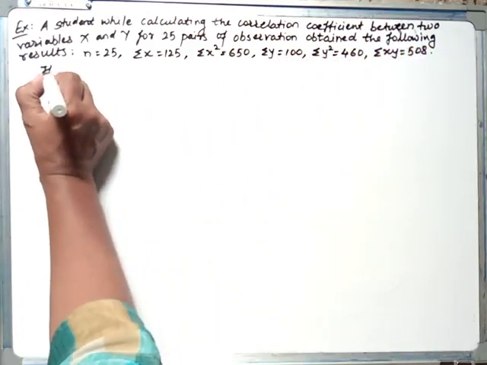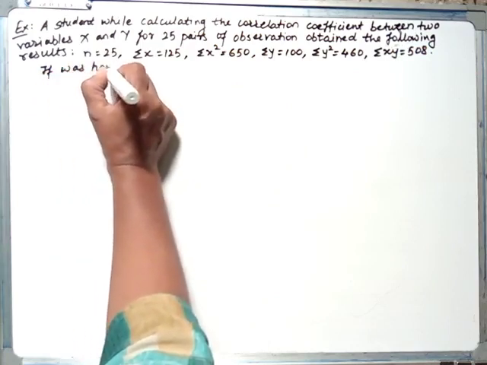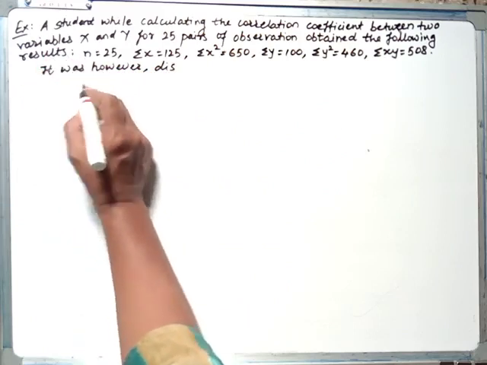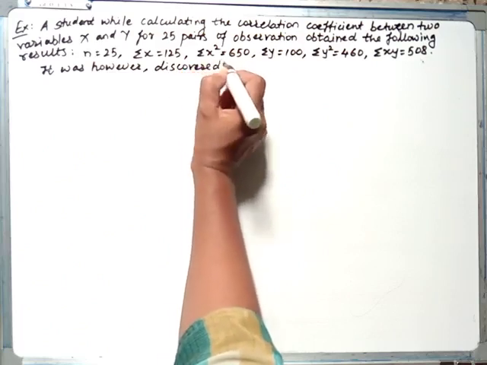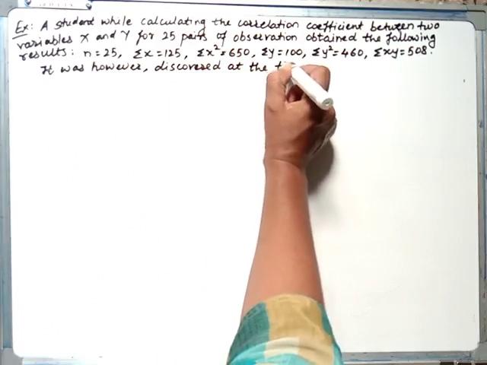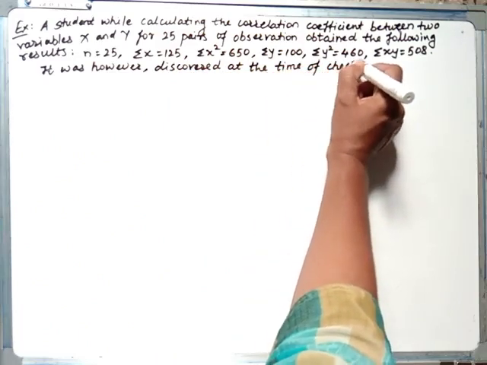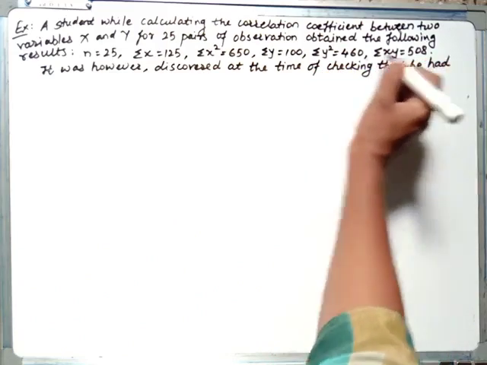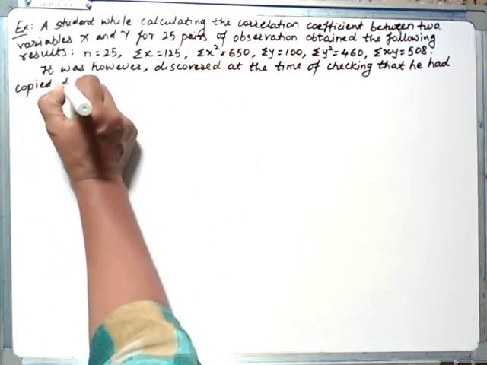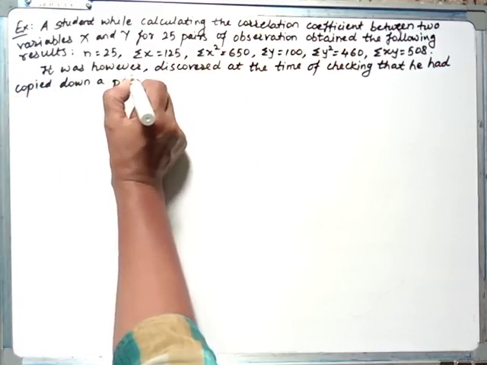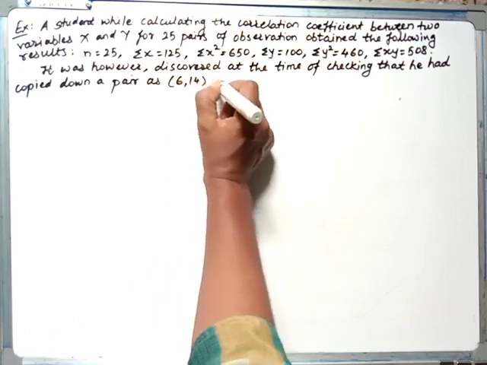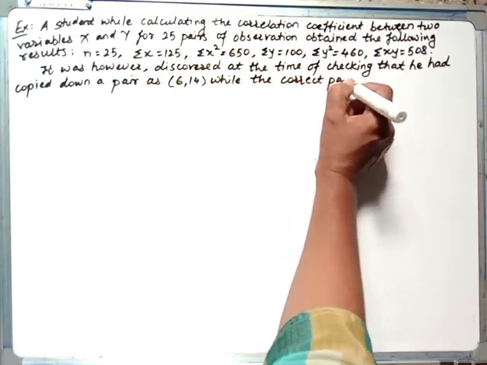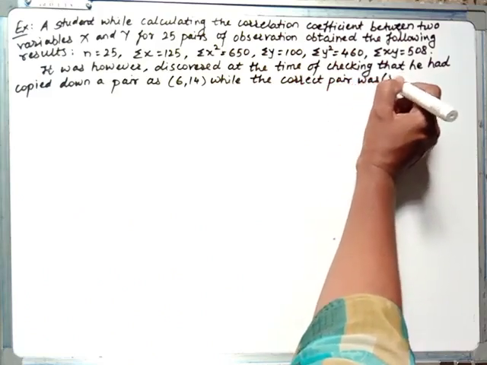These results are obtained. It was, however, discovered at the time of checking that he had copied down a pair as 6, 14 while the correct pair was 8, 12.